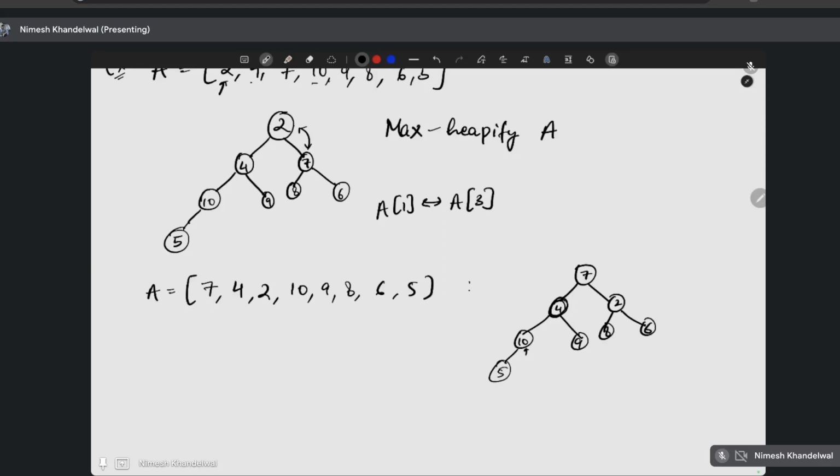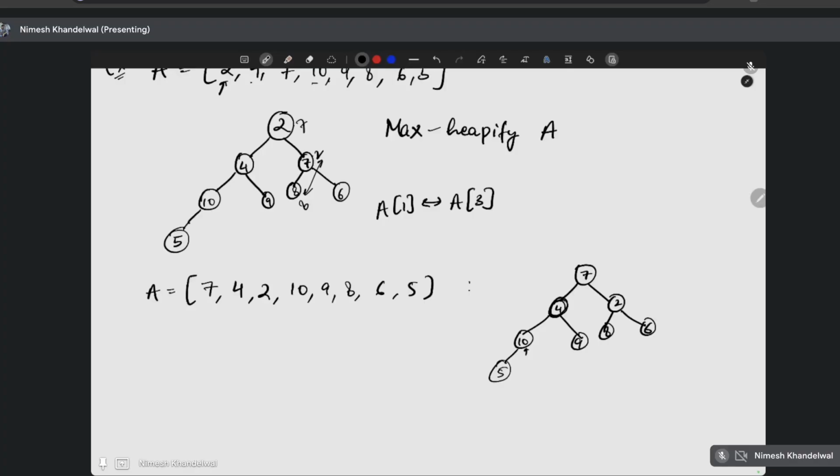So if we just perform it all on this graph, then 7 will go above and it will become 2. Then this 2 will be swapped with this 8, right?